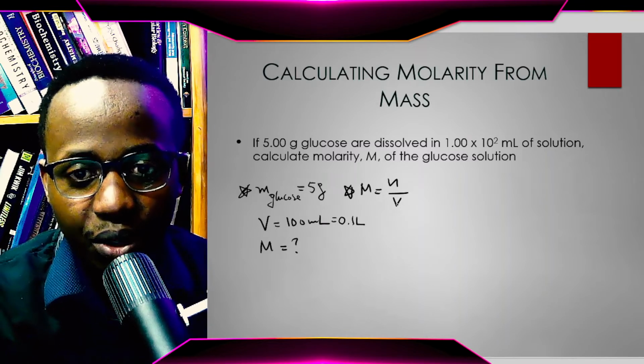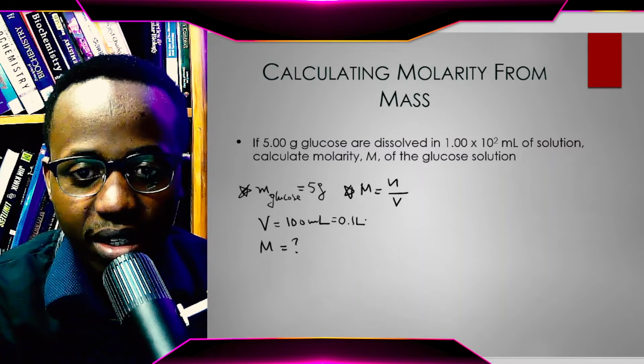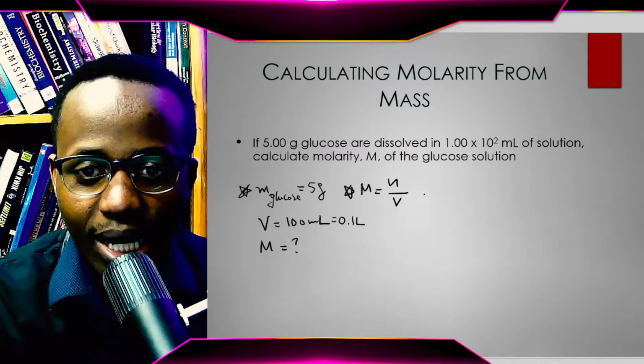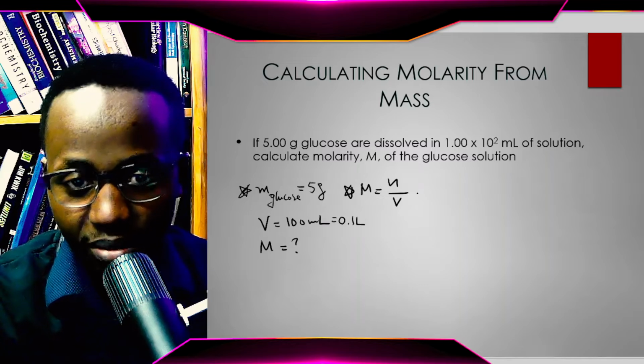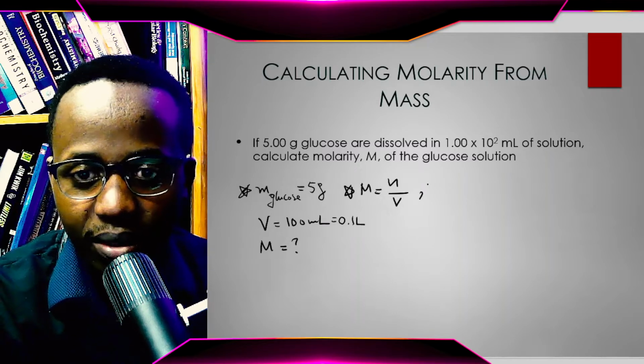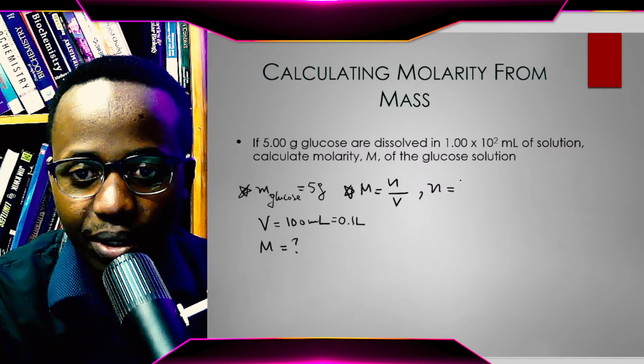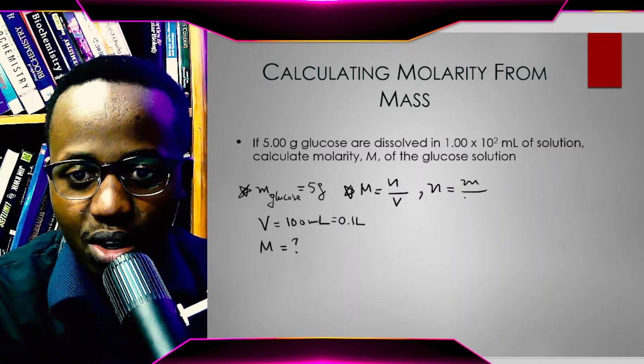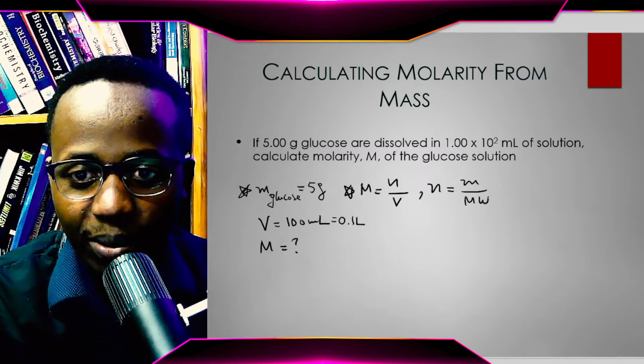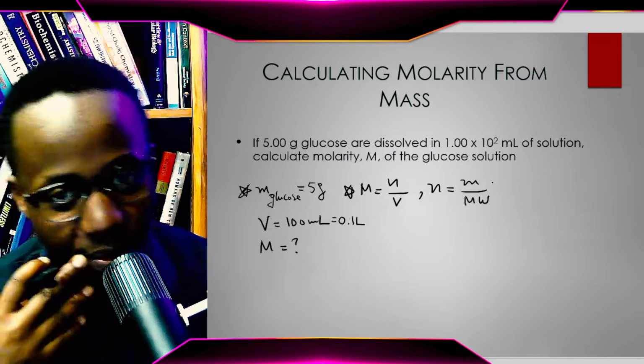So you have the volume, but you don't have N. How do we find N? Well, guess what? You have the mass. So N is equal to mass over molecular weight. No problem.